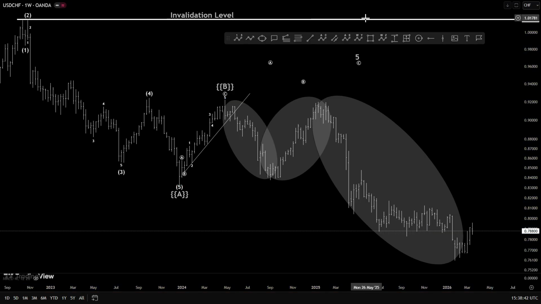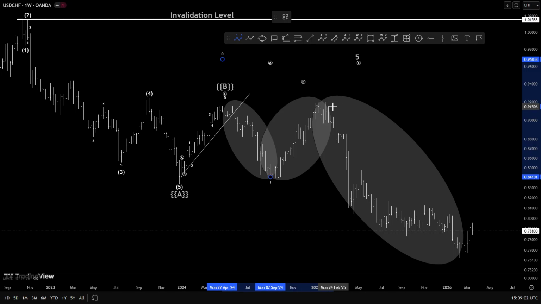Right? Now, let's count the wave structure, then we'll learn about the last subwave. So we know where we are to forecast into the future. And this is a clean wave one structure, which is 1, 2, 1, 2, 3, 4, 5. 1. This is 1. Then we have got this structure, which is something similar to this.